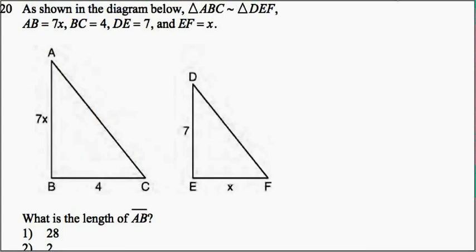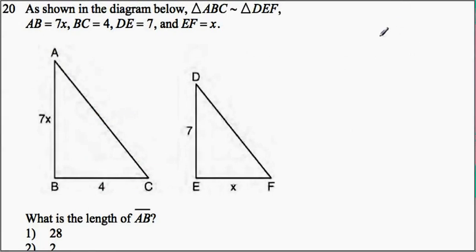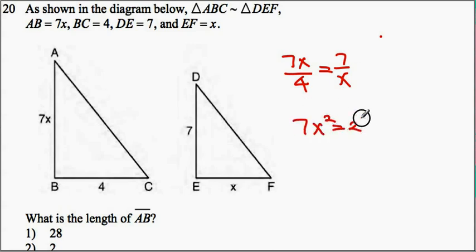Let's look at number 20 here together. So these two triangles are similar. Then how do you find the length of AB, which is the total length? If you set up the ratio, 7x over 4 must be equal to 7 over x. Then what are we going to do? First, cross multiply: 7x squared is equal to 28.